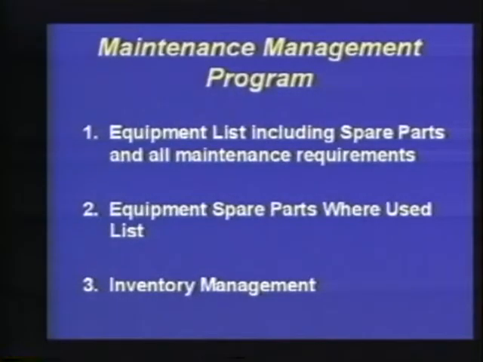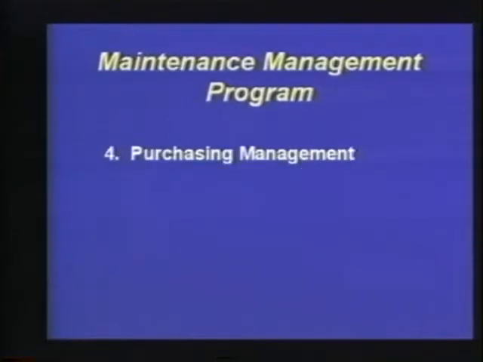This is the inventory management, or you may refer to it as inventory control, for spare parts and all other related materials that are required within the PM program. Function 4 is the purchasing activity. And purchasing really gets its demand, if you will, its direction from the inventory management system. The more you plan PM, the less inventory you require.